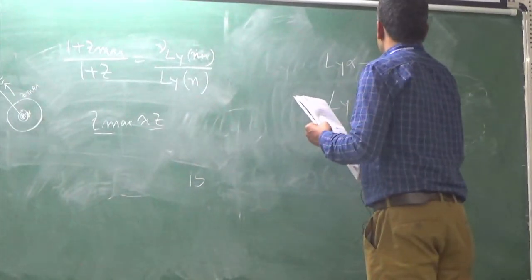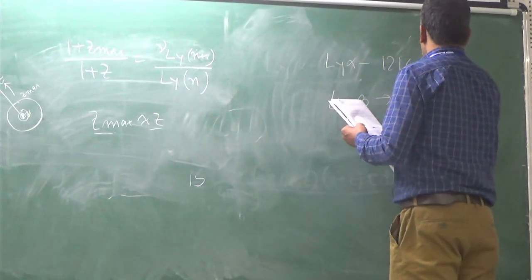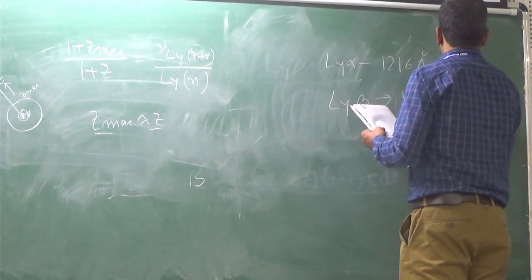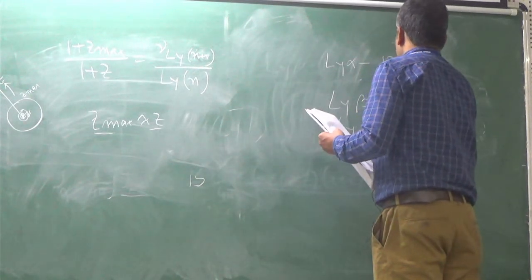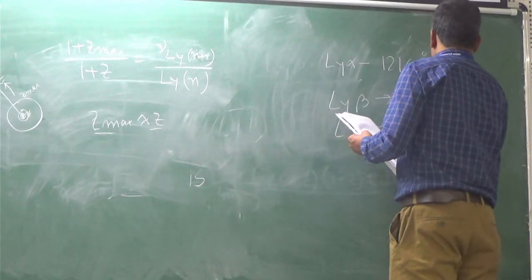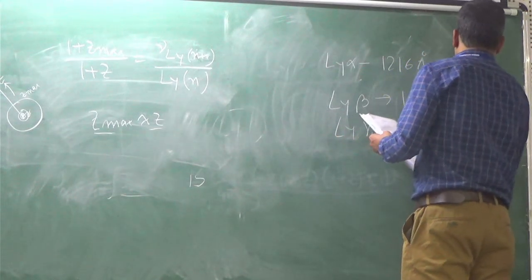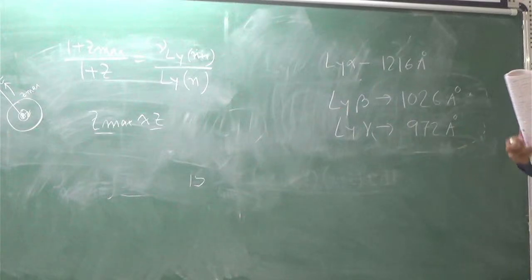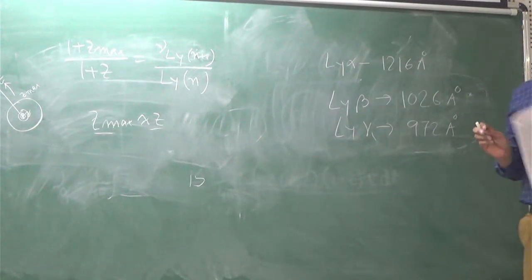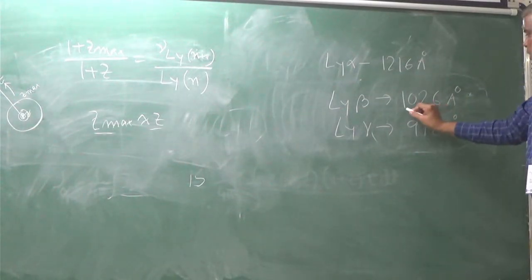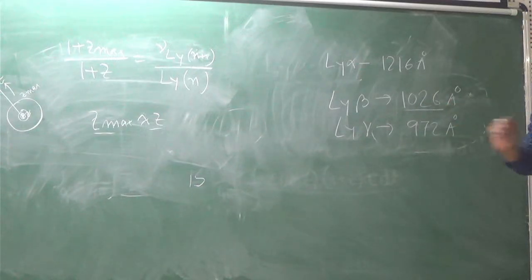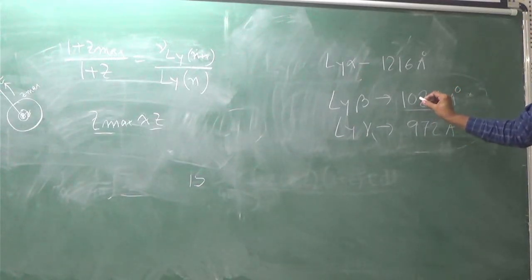Lyman beta is 1026 angstrom. Lyman gamma is 972 angstrom. So you have a table for this. Now see, let's say there is a photon emitted at a wavelength a little bit less than this wavelength.